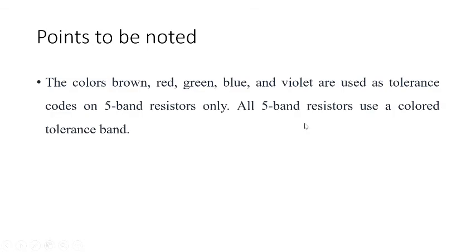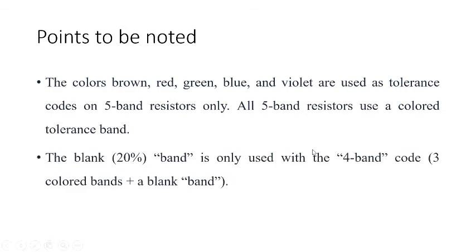There are certain tips that need to be kept in mind while dealing with color coding of carbon resistors. The first tip is that the colors brown, red, green, blue, and violet are used as tolerance codes only on 5-band resistors, meaning that 5-band color resistors always use a color tolerance band.